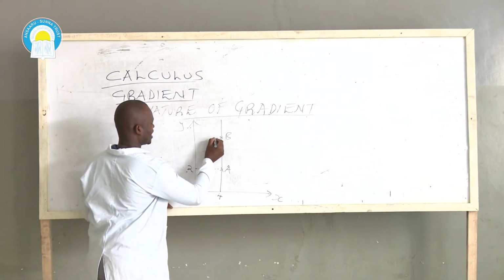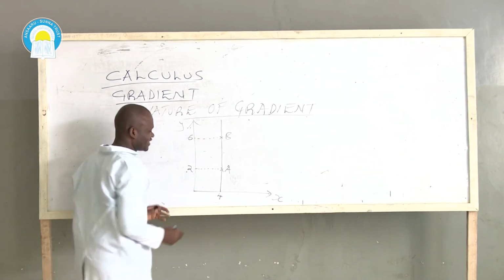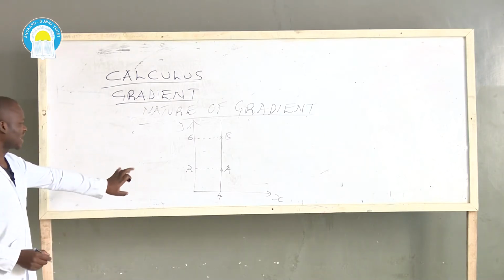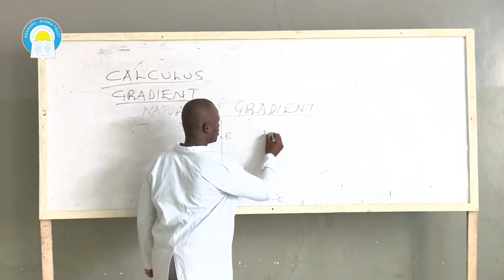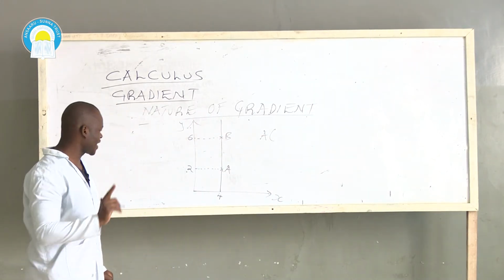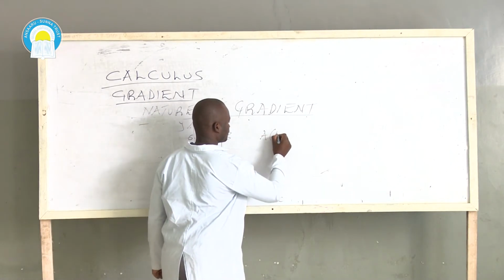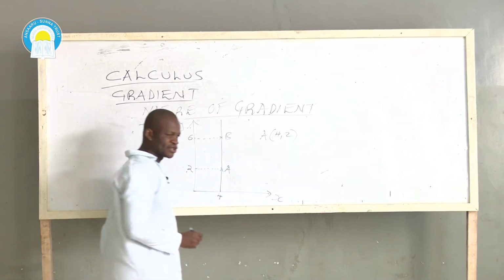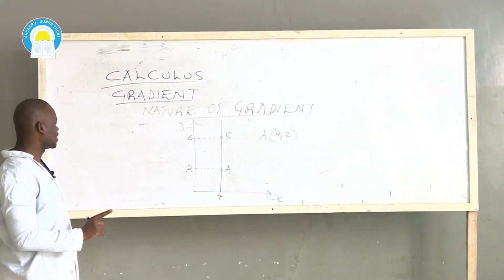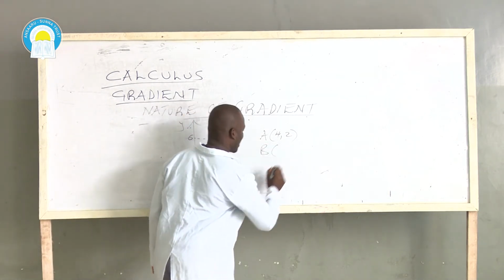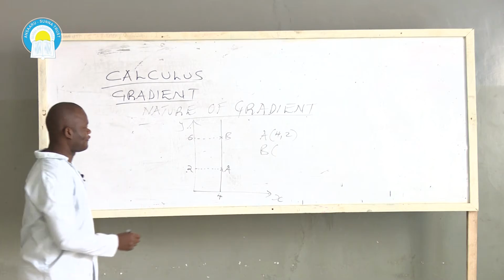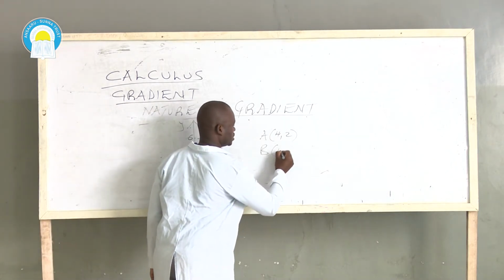Let me give it again a value of what? 6. So, looking at our diagram, it implies the coordinate of point A is given by 4, 2. It also implies the coordinate of our point B is given by, of course, 4, 6.